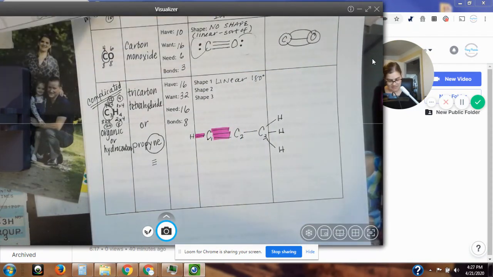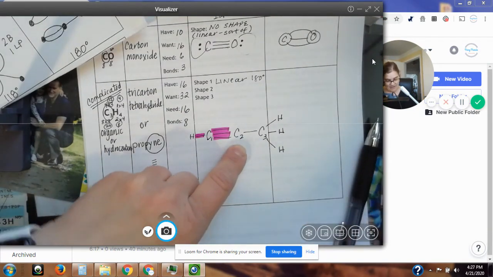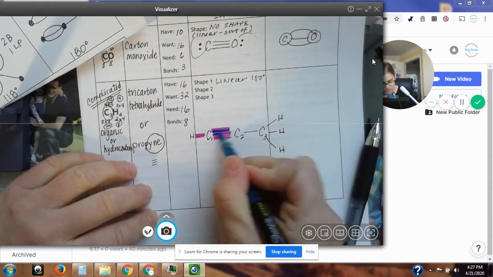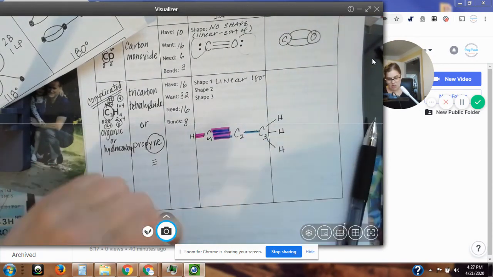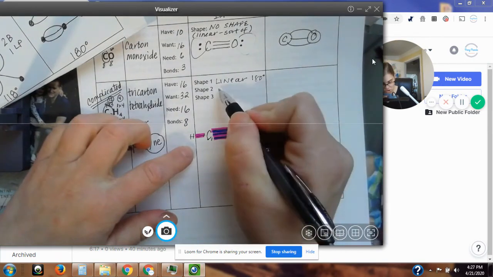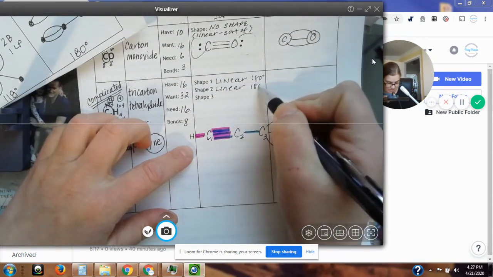Okay, I hope that makes sense. Now carbon number 2 kind of has the opposite of that, or it's the same, but it's on the other side. So we've got 1, 2, 3, and then we've got the 4th one over here, but it's still a triple bond. So carbon 2 also has a linear shape, and it's 180 degrees.